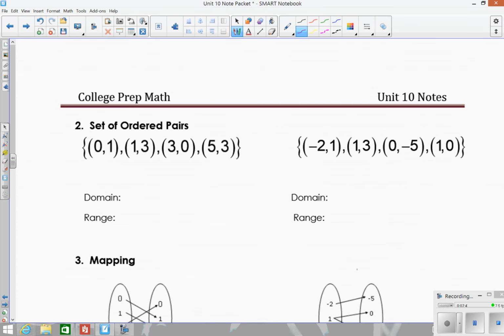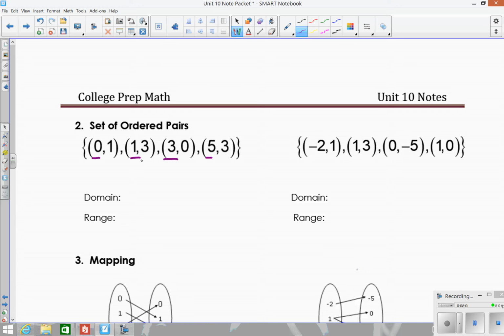So let's look at the next example, which is going to be looking at ordered pairs. So looking at these sets of ordered pairs, remember you're looking for inputs here and how many outputs they have. So the easiest way is just to scan and look at all of your x's.